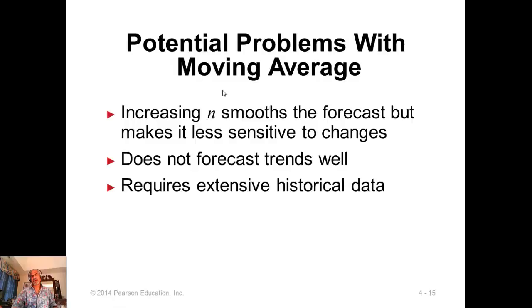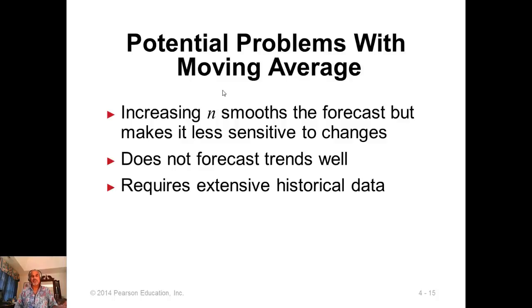So potential problems with moving average, though: increasing the number of periods that you average will smooth the forecast and it will become less sensitive to the immediate increases and decreases. On the other hand, if you decrease the number of periods that you want to average, then that would become very volatile and it will change depending upon what's actually happening in the actual values.